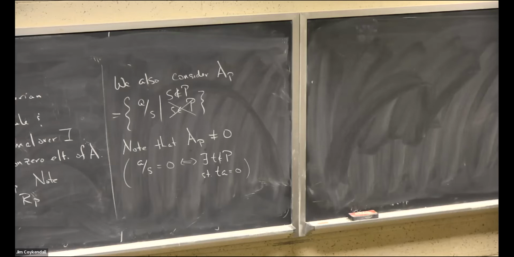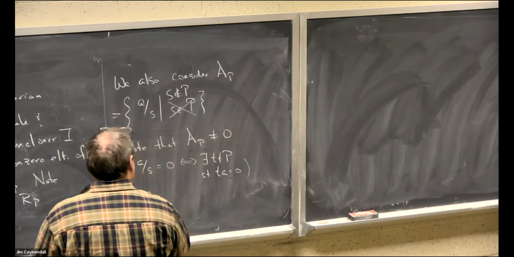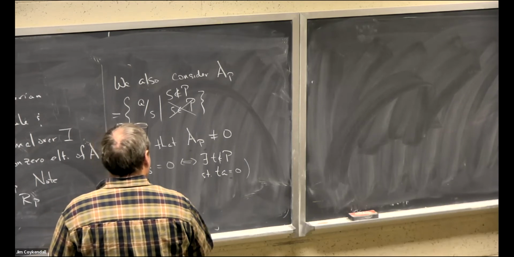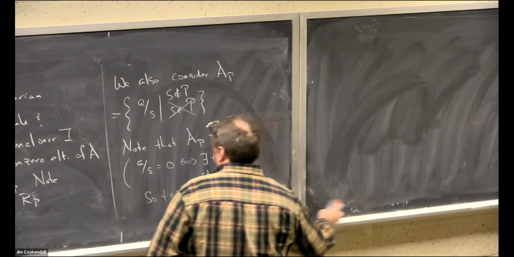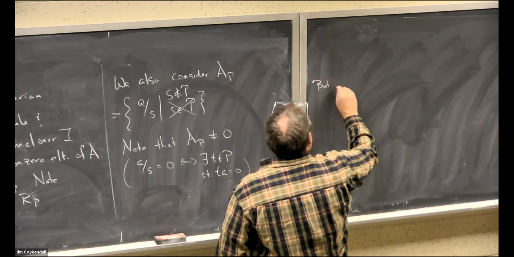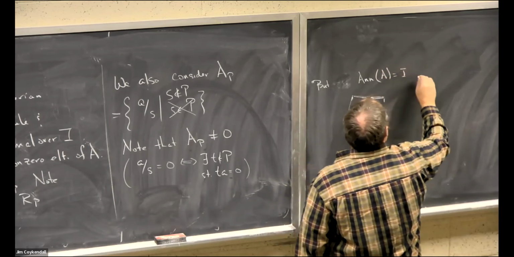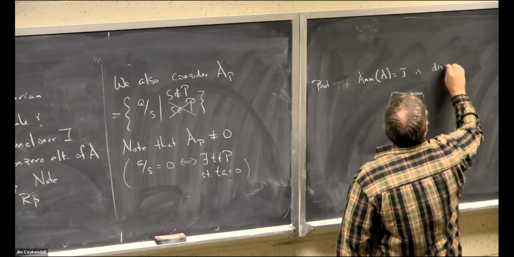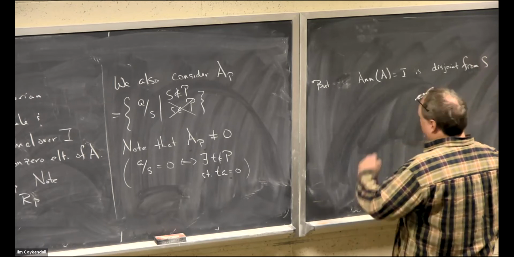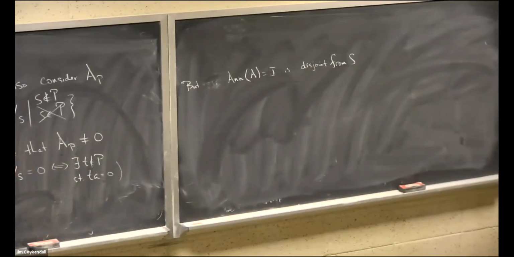So the problem with this is that T would be in the annihilator of A, but the annihilator of A is disjoint from S. So if A_P is identically zero, then you've got a problem here.